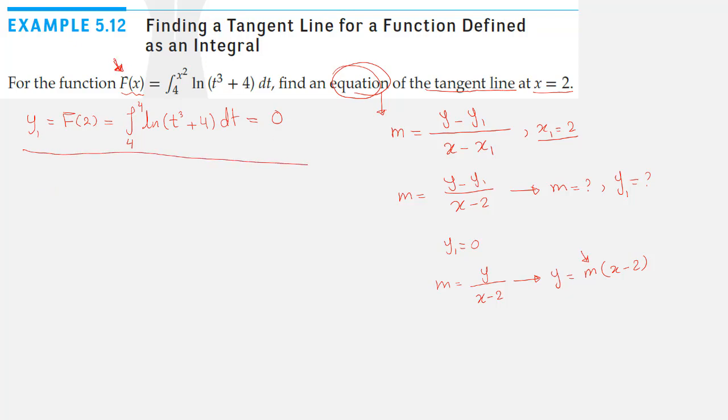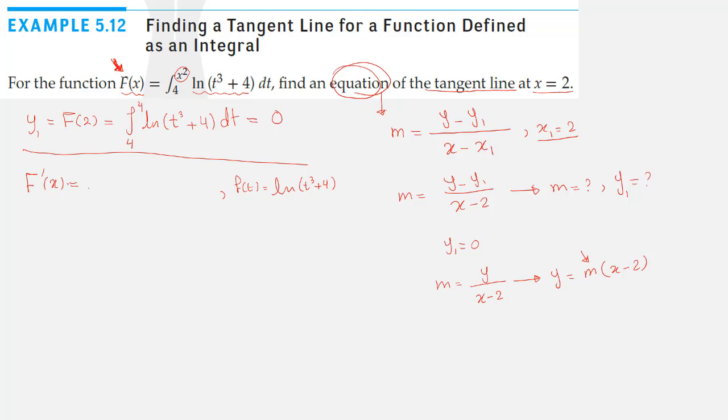We want the equation of the slope, which is f dash of x. So for f dash of x we will use the part 2 theorem of the calculus that we used. We have here the upper limit is x squared, so we will take f of t, where f of t equals ln t cubed plus 4.